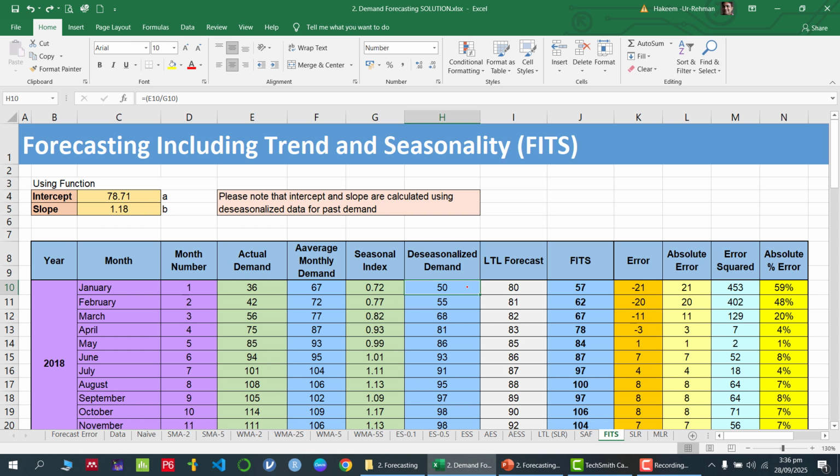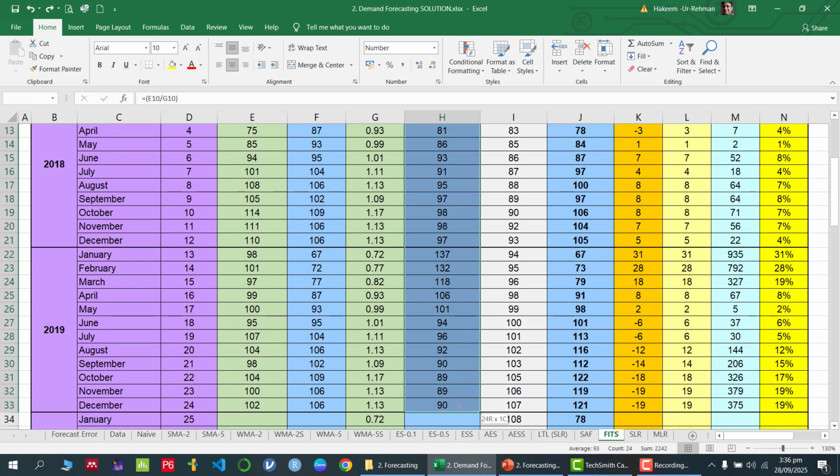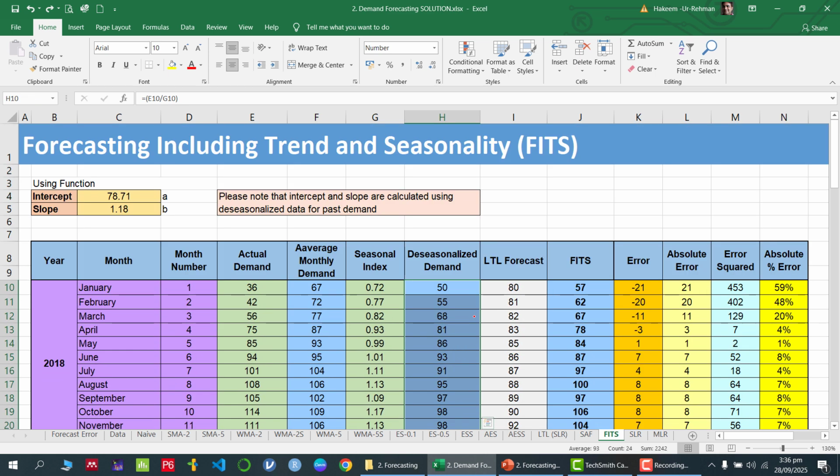So we are going to get this deseasonalized demand. Basically we are nullifying, or removing, that seasonality part in the data. After deseasonalizing the demand, we are going to find out that trend component, that means the linear trend line forecast.